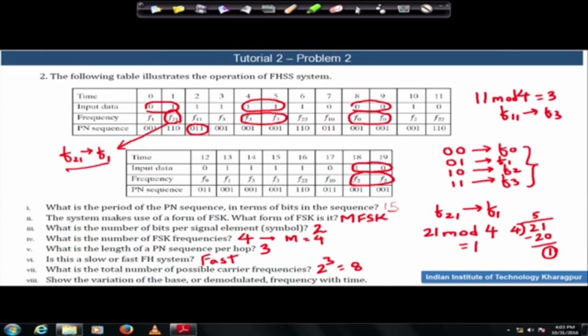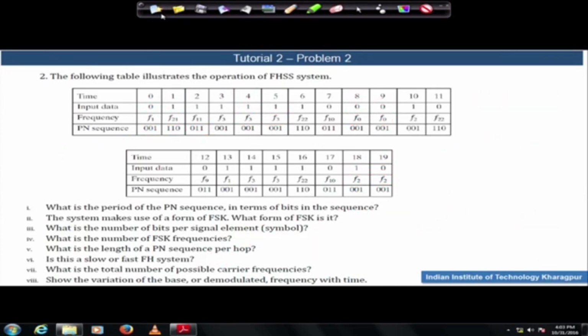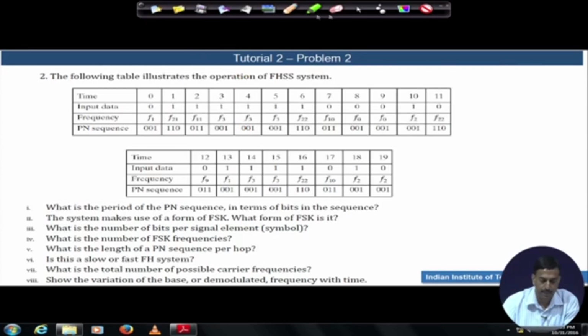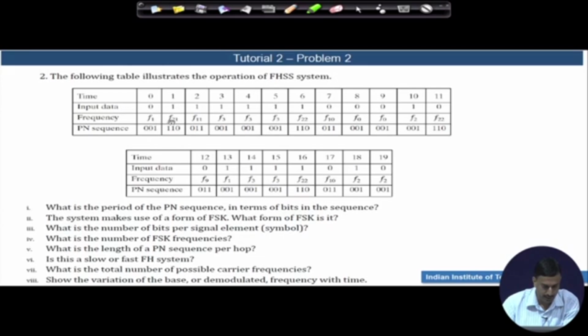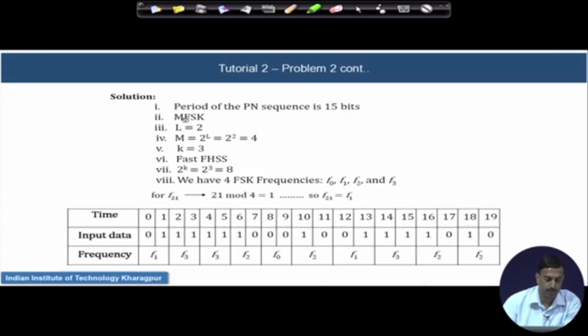So this basically completes this particular problem, and we have the answers over here, which was what was solved for before, and we will always see that the mapping procedure or the demodulating procedure for each of these frequencies will give back a frequency corresponding to a set of bits. So that is what we have in this table, which is nothing but the demodulated frequency.